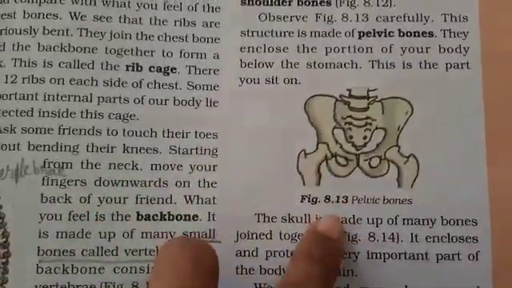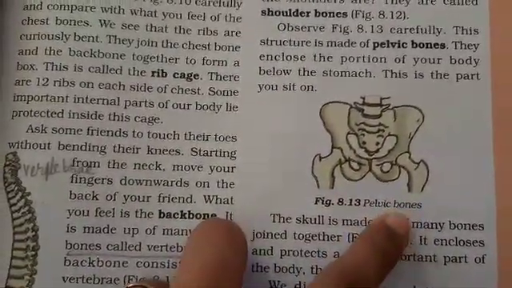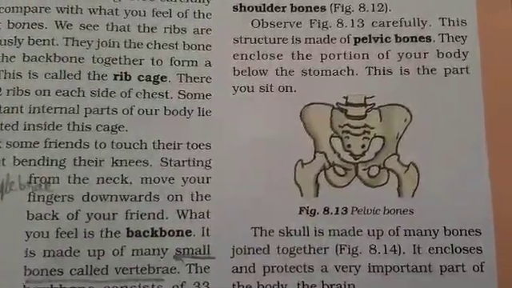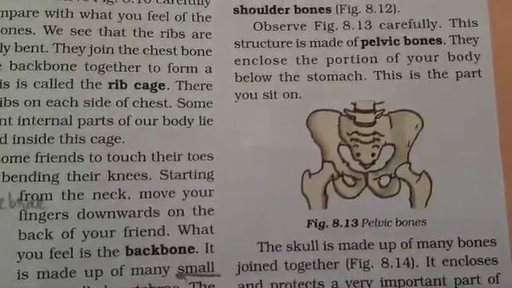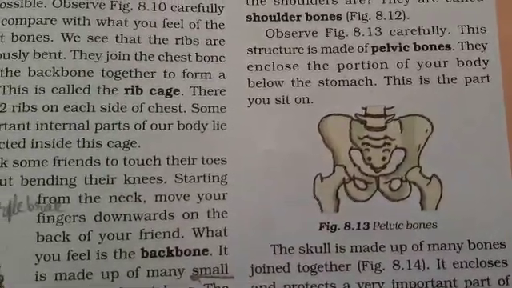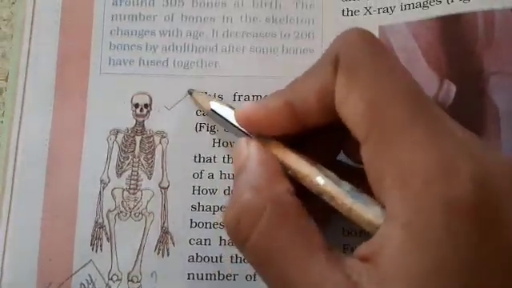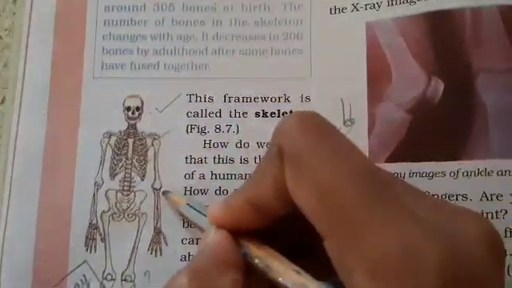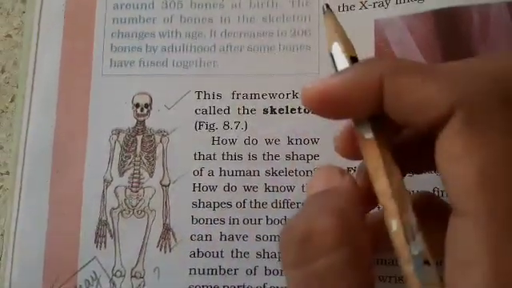Next, move to figure 8.13. This shows the image of a pelvic bone. Where is this pelvic bone located in the body? What is its use? So until now, we saw the bones present in the upper part of the body alone: skull, backbone, rib cage, shoulder joint, elbow joint, wrist, fingers.